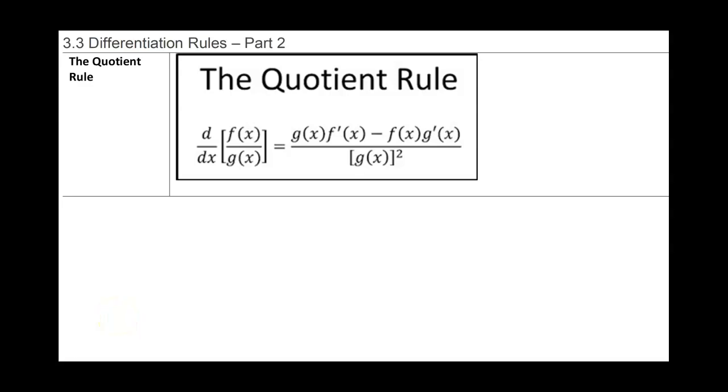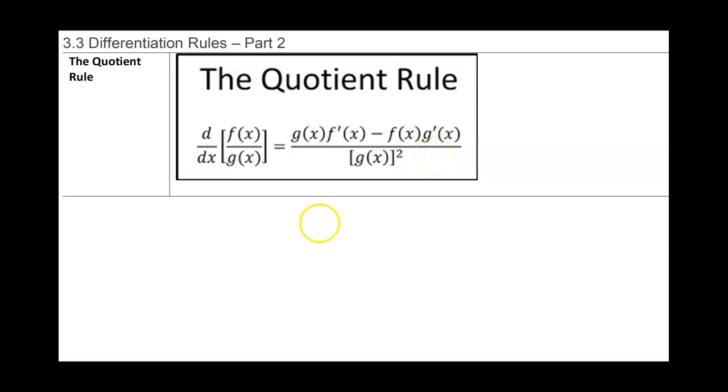In the first part of section 3.3, we talked about differentiation rules and the product rule. In this section, we will talk about the quotient rule. So if we take the derivative of f of x over g of x, that equals the denominator g of x times the derivative of the numerator f prime of x, minus the numerator f of x times the derivative of the denominator g prime of x, divided by g of x squared.